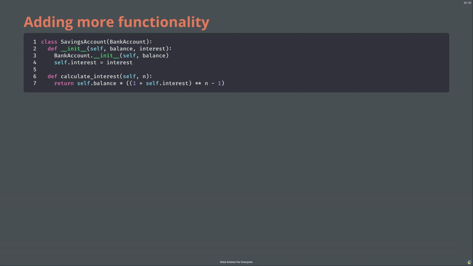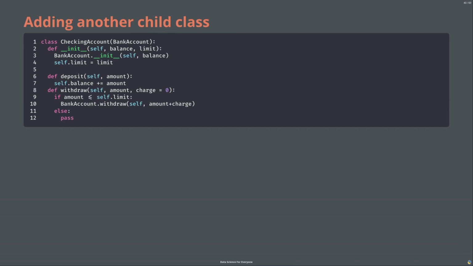Inside the method, we use self.interest, which comes from the savings account class, the child class. We also use self.balance, which is defined in the bank account class, the parent class. By combining these, the method calculates and returns the interest based on the balance, the interest rate, and the number of periods.